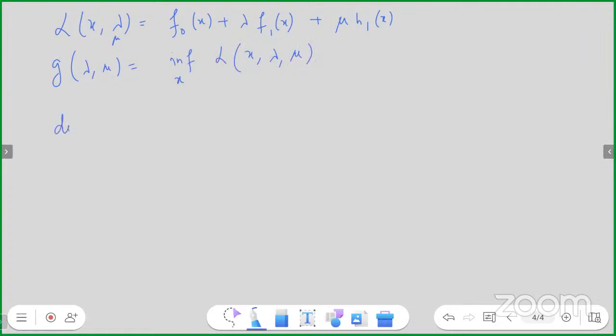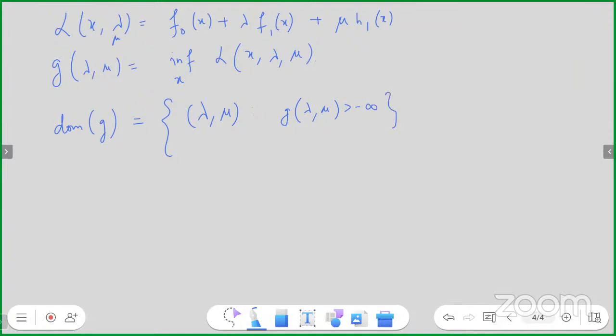Now the domain of G is, what is the domain of G? Lambda comma mu, such that G of lambda mu is greater than minus infinity.